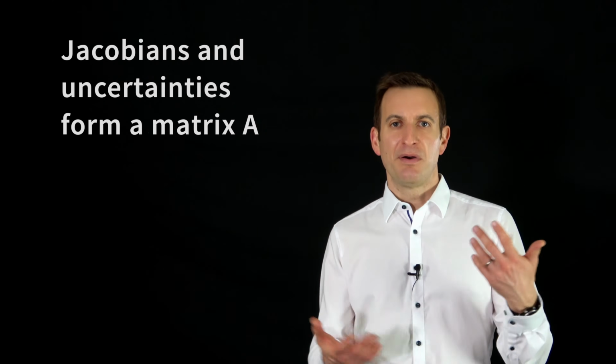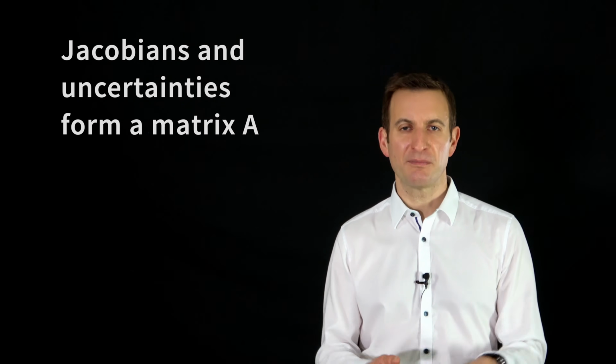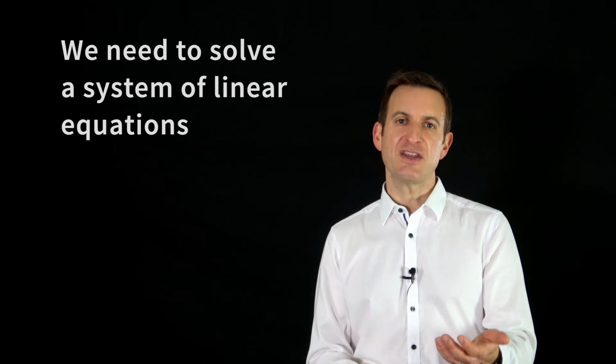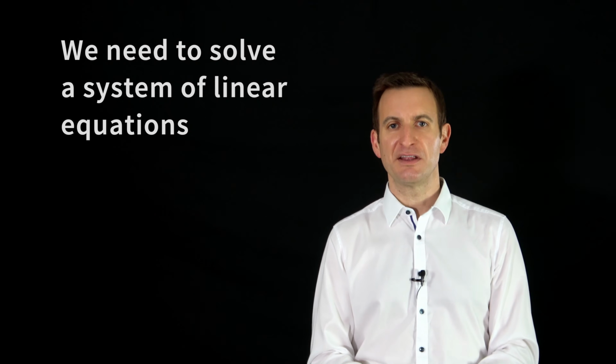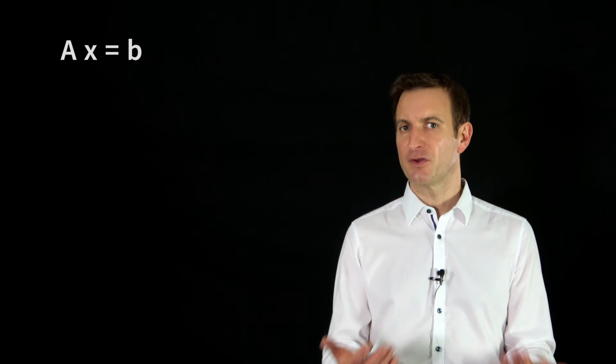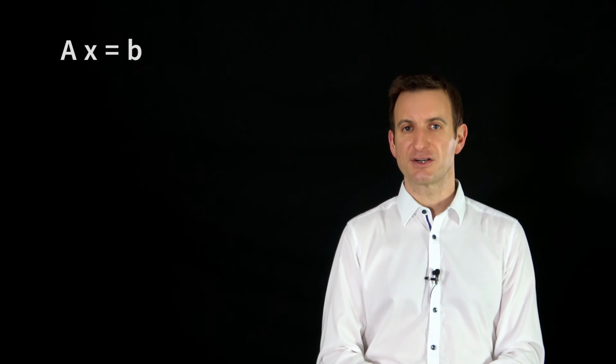For that, we need to build up a so-called A matrix, which is built up based on the Jacobian information and maybe some uncertainties that we have about our measurements. In the end, the most computationally demanding task is solving a linear system of the form AX equals B. So most of the computational resources are spent on solving this potentially very large system.